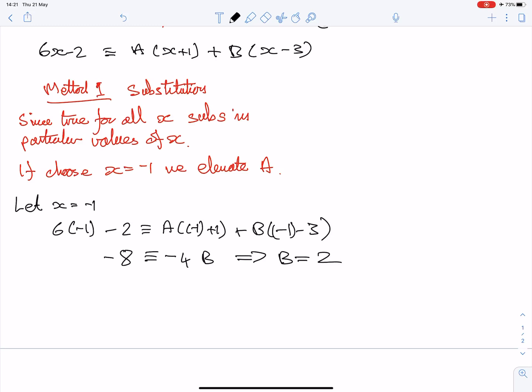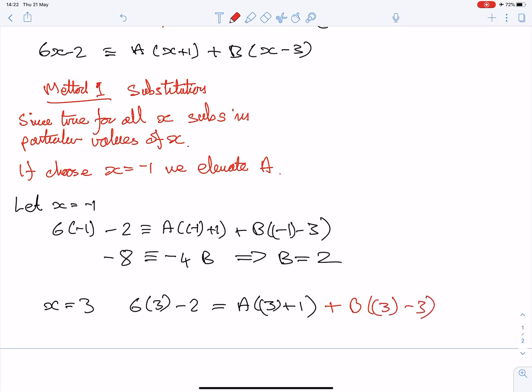Now, how could I eliminate the B? Well, hopefully the answer's obvious. Let x equal 3. So we get 6 lots of 3, take away 2, equals A times 3 plus 1. And when I put 3 in for x in the second half, as I say, I wouldn't normally bother to write this down, but plus B lots of 3 take away 3.